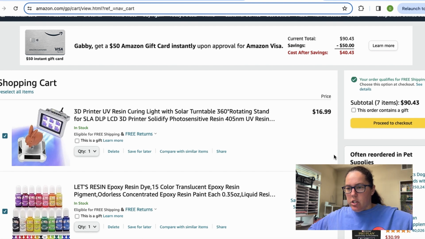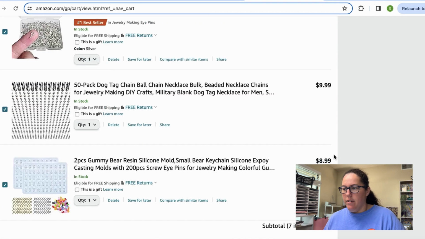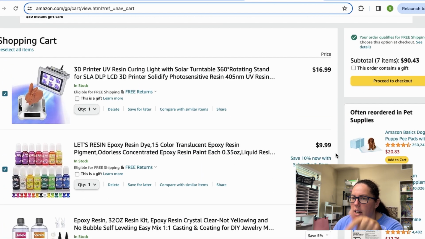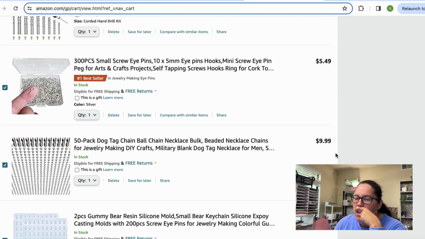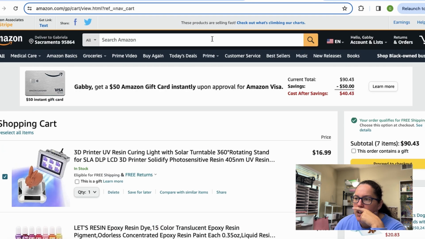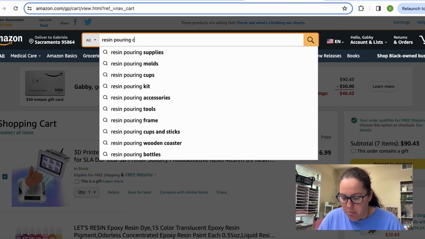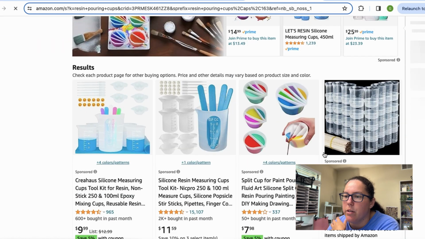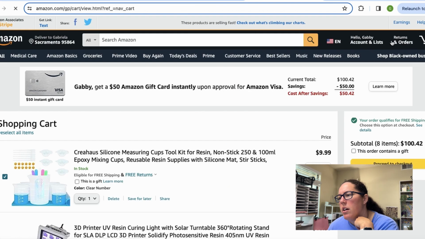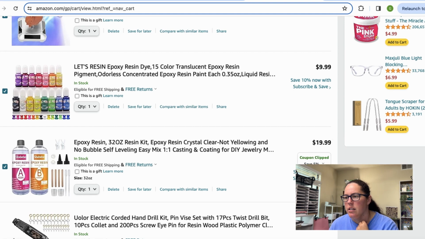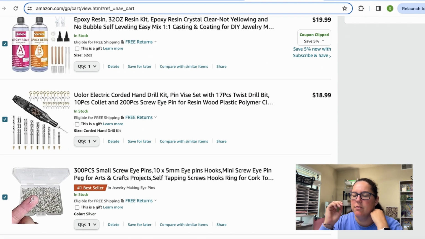Alright, now I think I am good. So I have the molds, the resin, the dye, I have some small cups, resin pouring cups. I could use some reusable small ones. Okay, now I think it's good because some of the other supplies I can buy at like the Dollar Tree, like mixers or popsicle sticks to mix them.